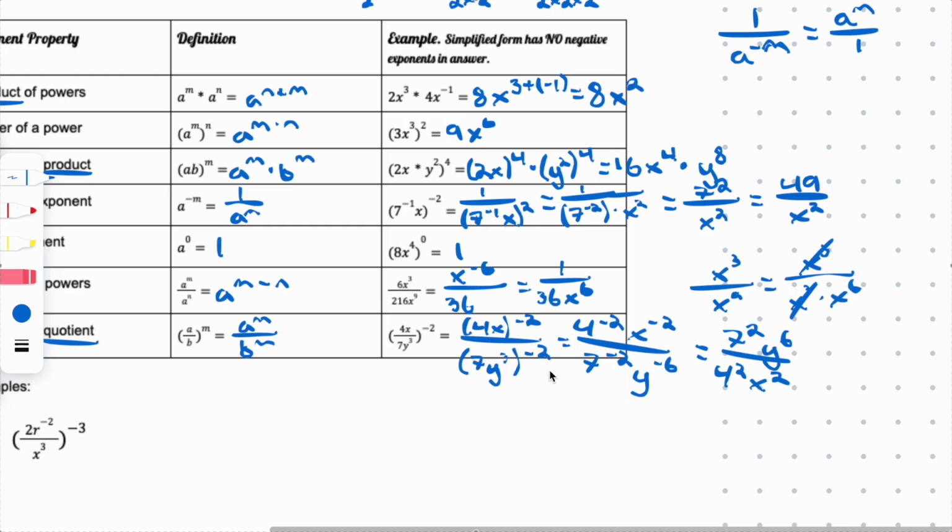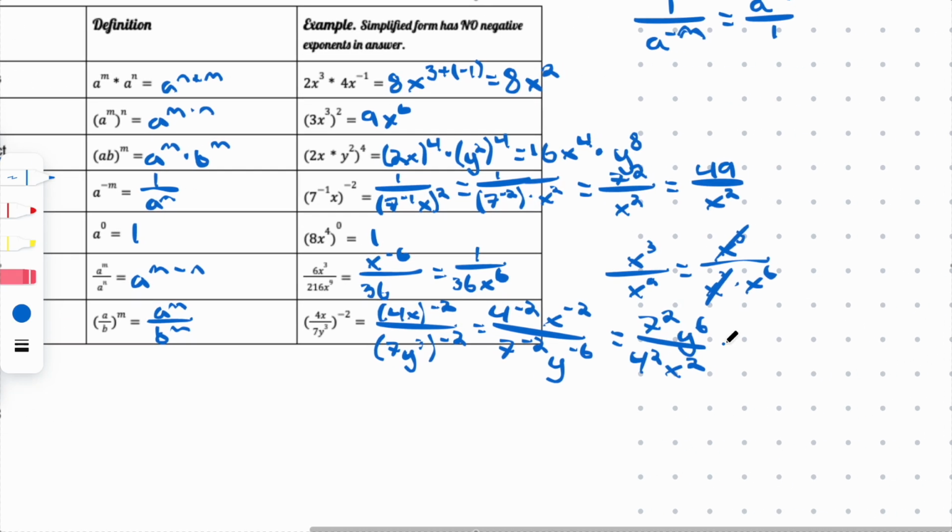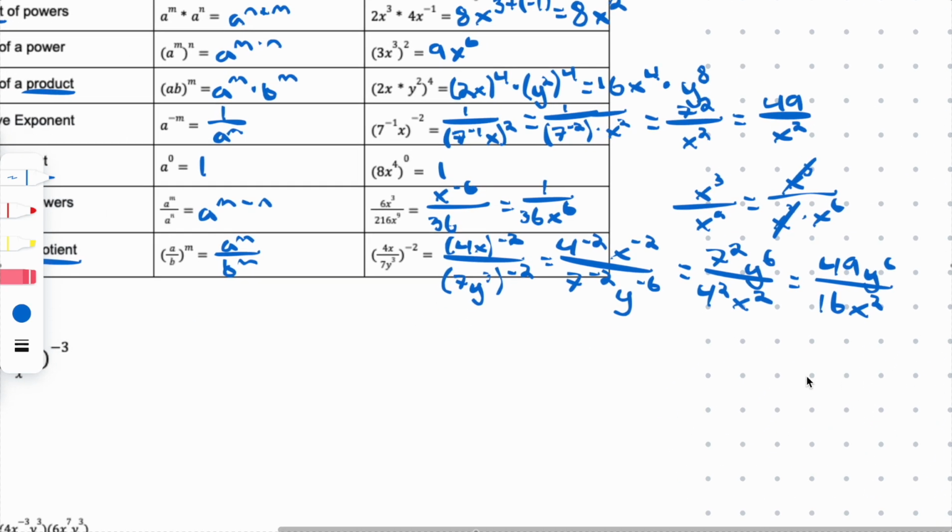I essentially did 4 steps right there. Then here we can just evaluate to get 49 y to the 6th over 16x squared. I don't believe there's any way we can simplify that any further.